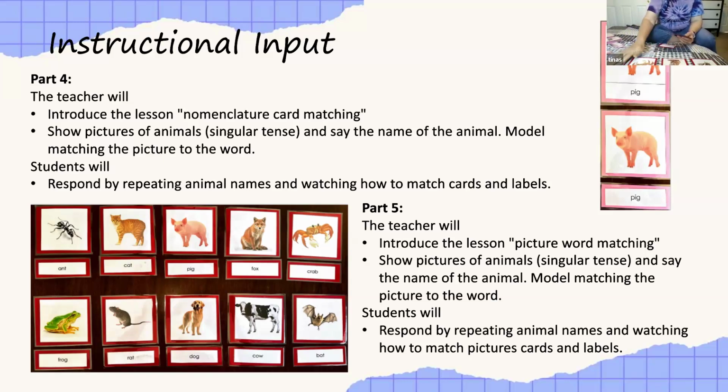I got all my cards. Now I'm going to read the word. Ant. I don't see any ants. Pig. I don't have any pigs. Dog. Nope.